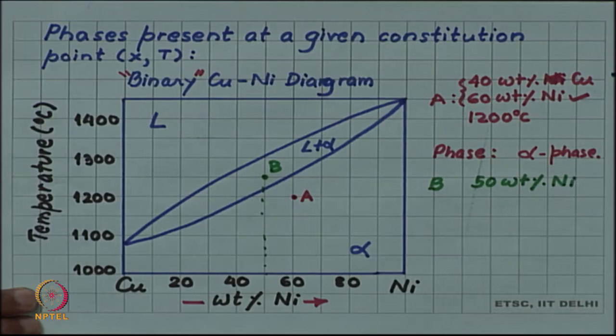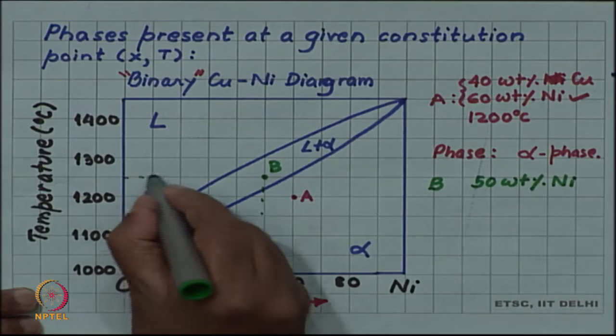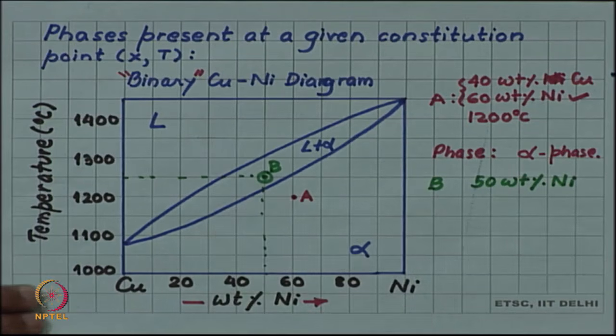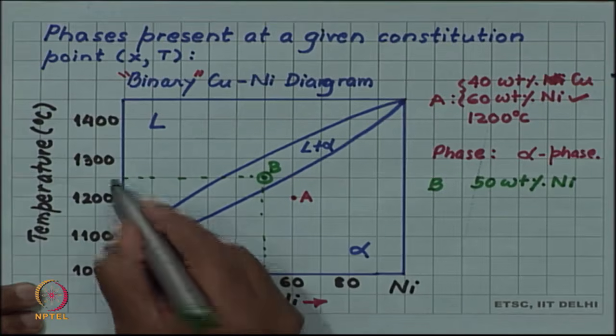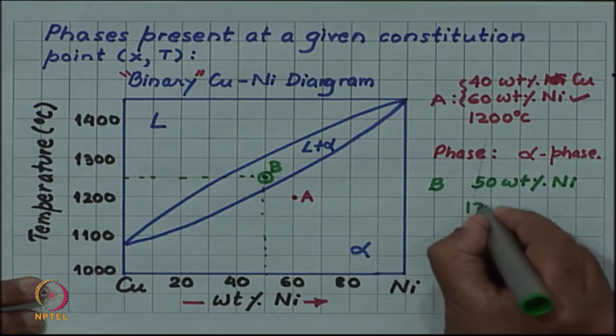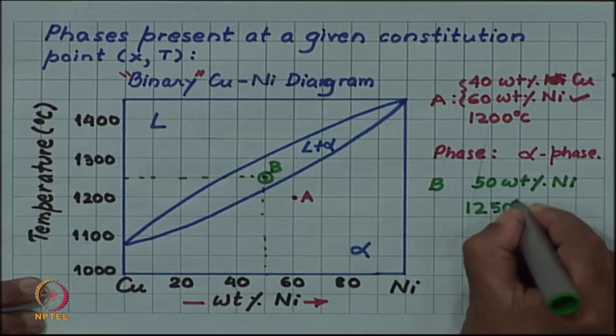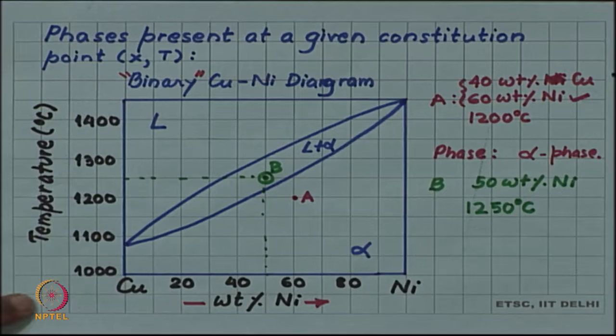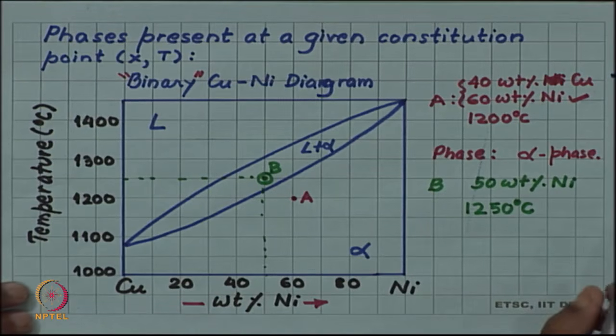So, it is a 50-50 alloy, and if I look at the temperature, I find that it is 1250 degrees Celsius. So, an alloy of 50 weight percent nickel, 50 weight percent copper is being held at 1250 degrees Celsius.